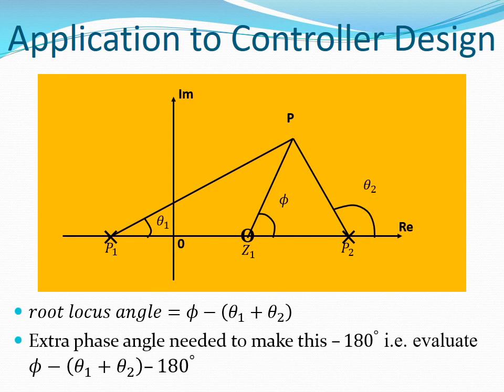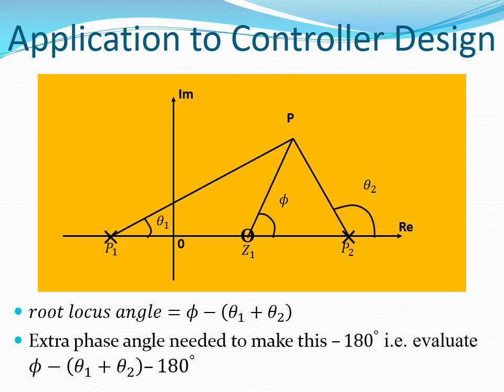Here is an illustration. P is the position of the dominant closed loop pole in order for the system to meet the given performance requirement. P1 and P2 are positions of the open loop poles of the system. Z1 is the position of the open loop zero for the system.